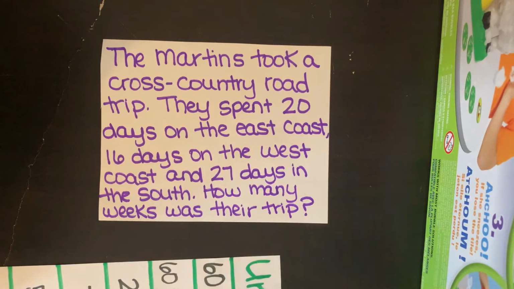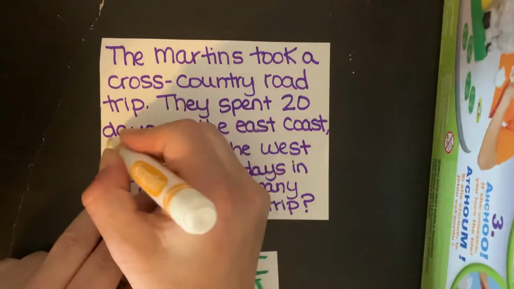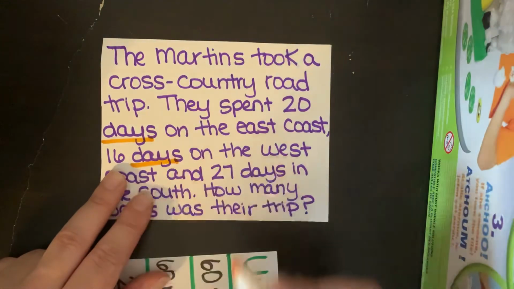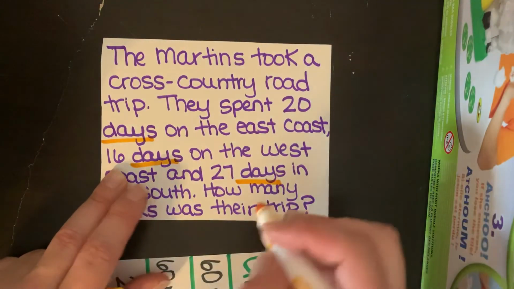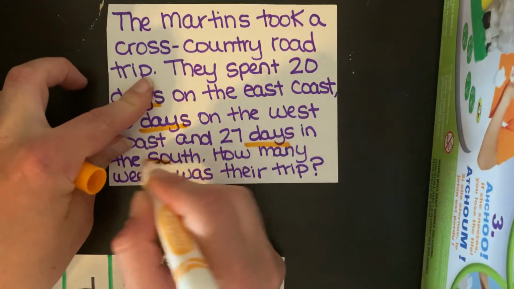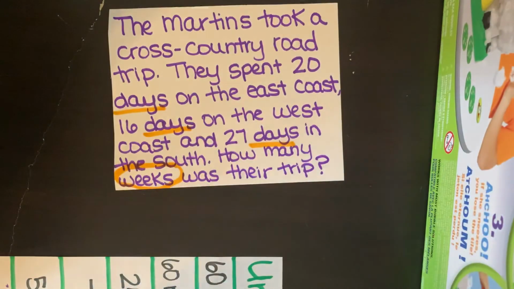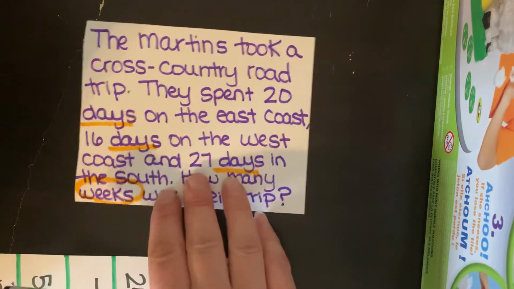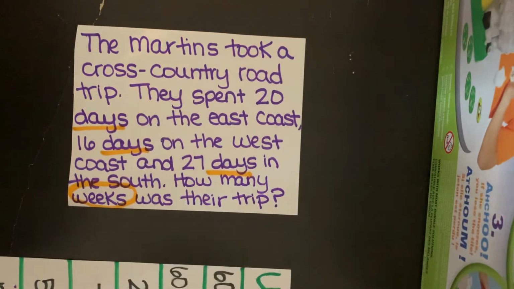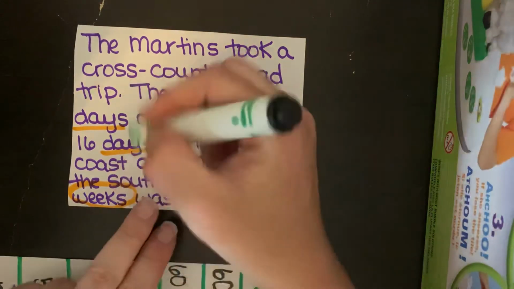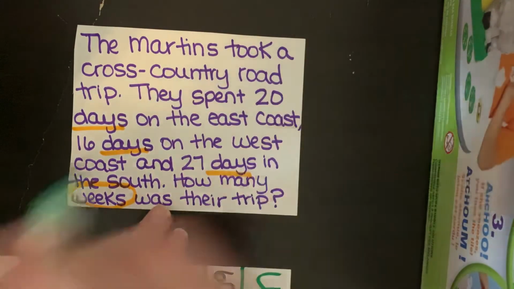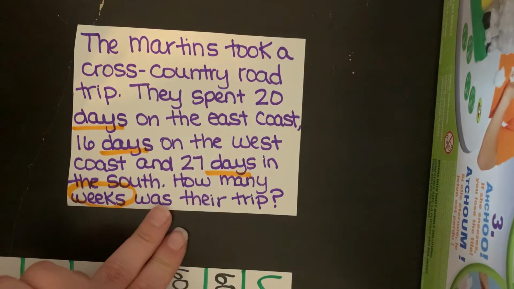So you should have noticed that we have a unit of days, a unit of days, a unit of days, but then we're looking for weeks. So we do know that we're going to have to make a conversion. And let's see what our first step should be first. Before we convert, we have to find out the total number of days that they were on their trip.